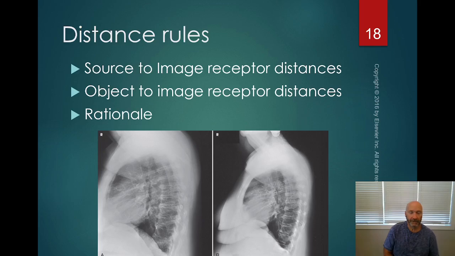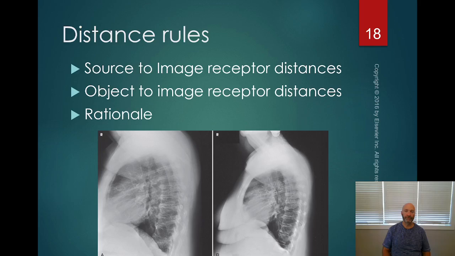So your distance rules: you've got two main distances. One is your source to image receptor distance. Generally we use two, one is 40 inches and one is 72 inches. And there's certainly a metric centimeter equivalent to that, but for the most part, every hospital I've ever worked in used inches, so we're going to stick with inches.